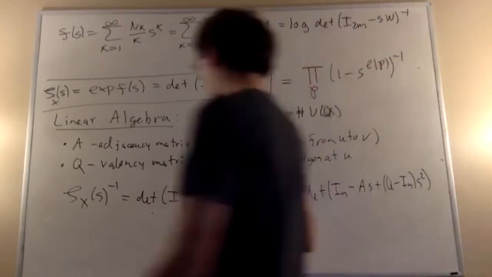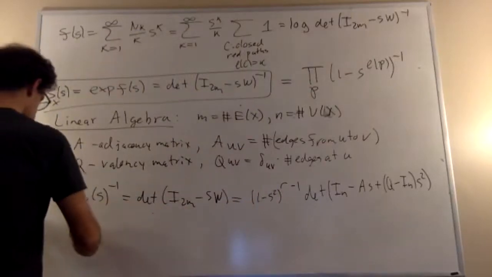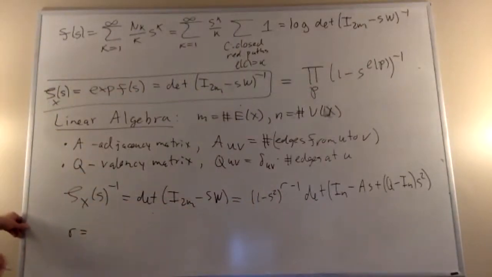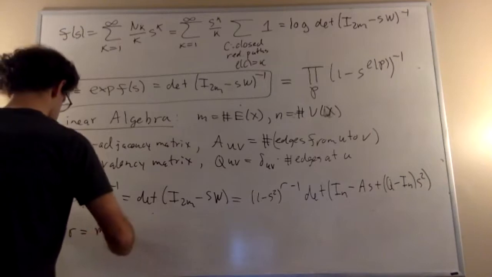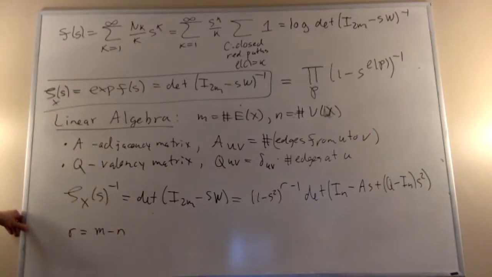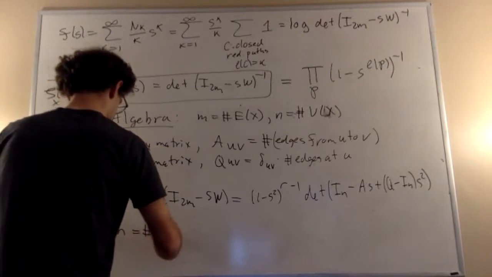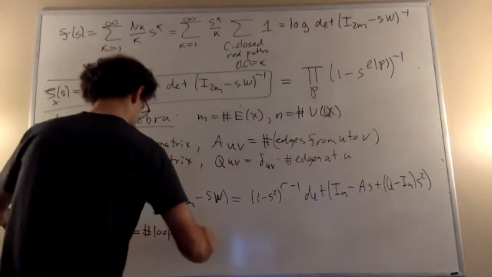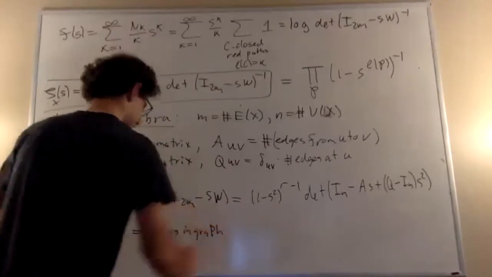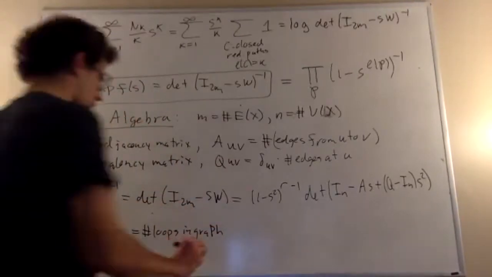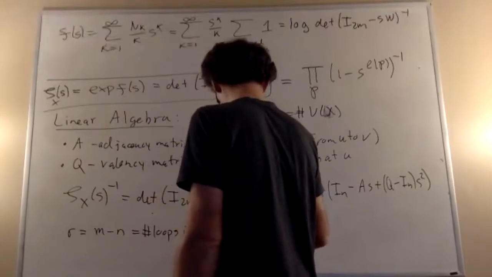So what is r? r is equal to m minus n. This is the number of loops in the graph. Or this is also called the first Betti number of the graph.